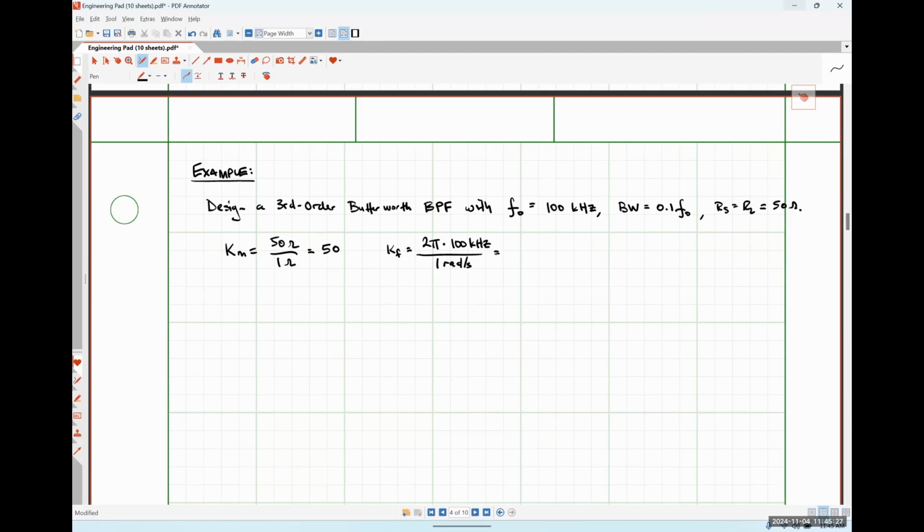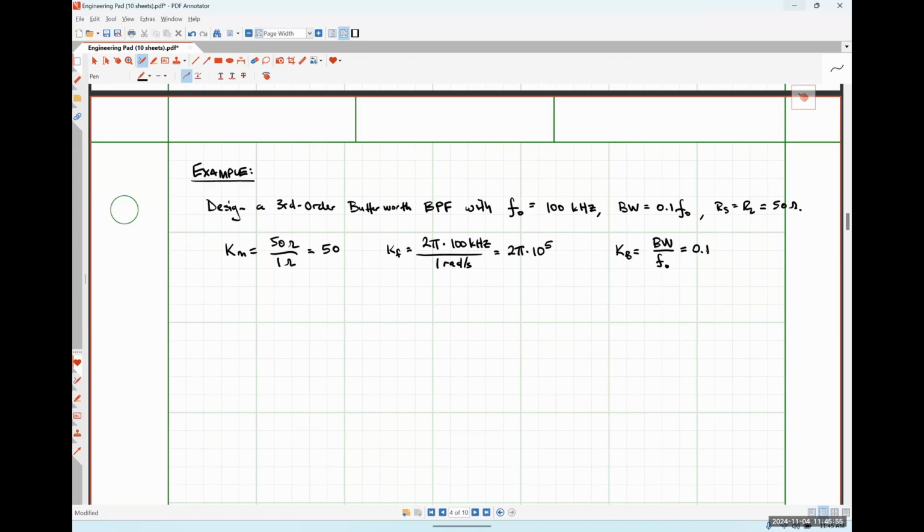So this is going to come out to be 2 pi times 10 to the 5. And I'm going to introduce a new scaling factor here, KB. That is literally just our bandwidth divided by our center frequency. So this gives us 0.1. Okay.